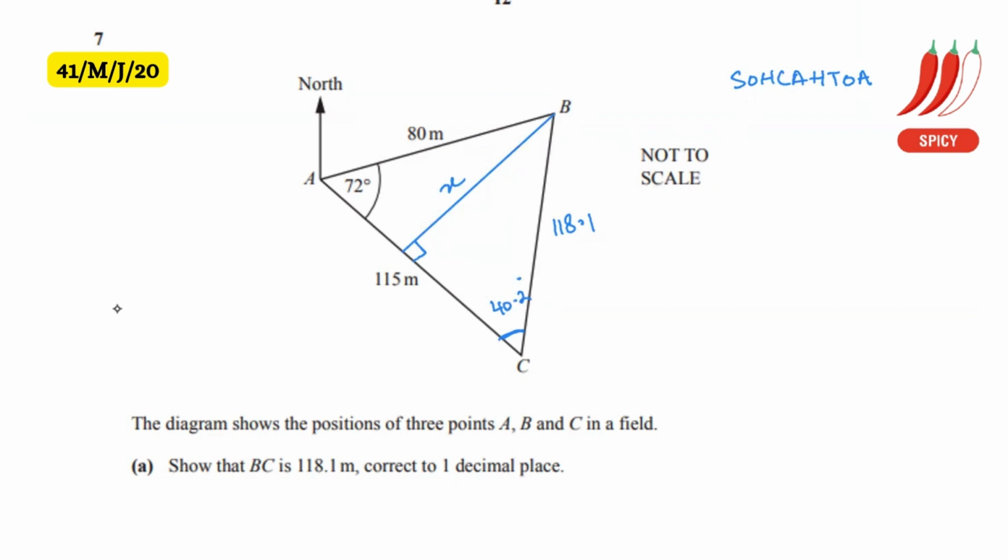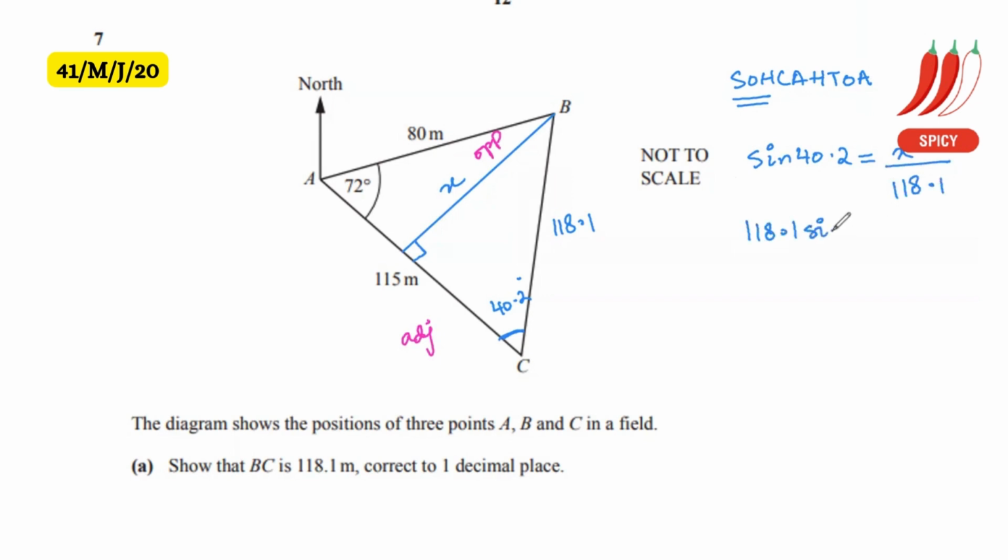So this is the adjacent, and this is the opposite. So in our case, we have to find the opposite. We have the hypotenuse, which means we'll use sine. So sine of 40.2 equals x over 118.1.